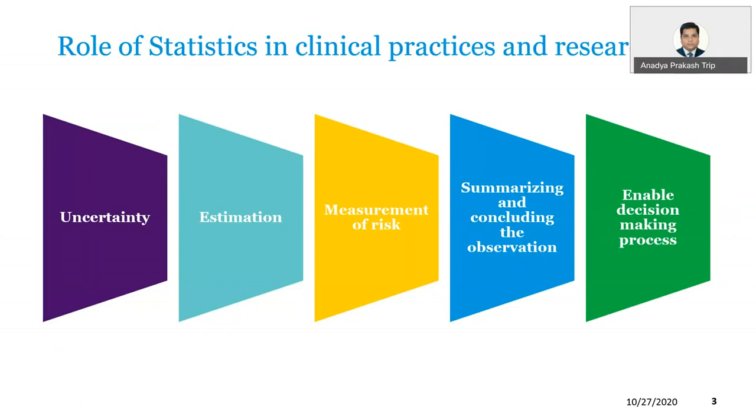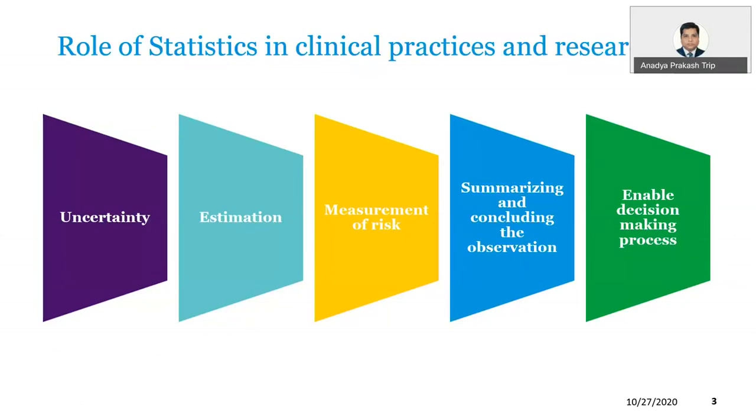Once we have data, how to present the data, summarizing, concluding the observation, because you have a very bulk amount of data. But data alone is not going to tell something until you are able to extract the message out of the data. And how to extract the message? Summarizing the data, understanding the core concept, finding out its central value, its kernel.